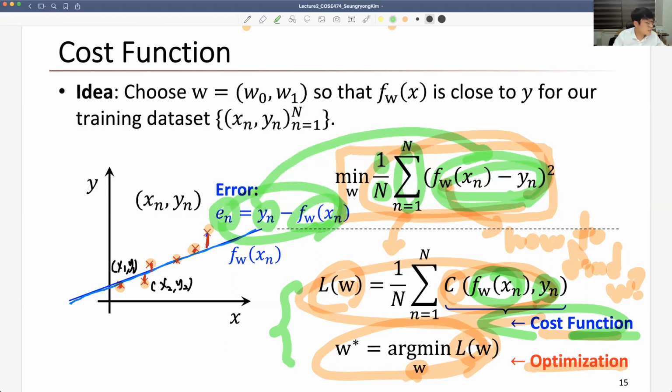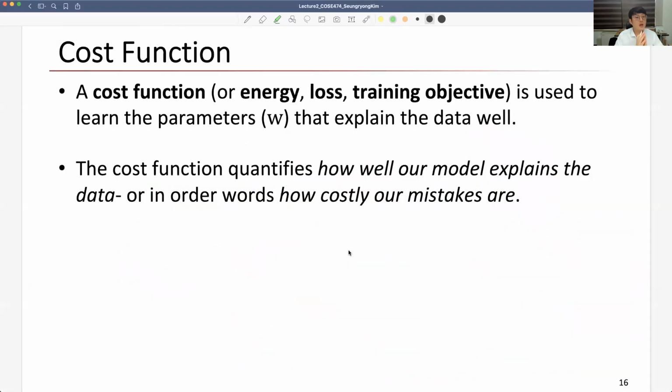Okay, so let's continue. Formally, the cost function, also called the energy function, the loss function, or the training objective, is used to learn the parameter W in our mapping function that explains the training data well.